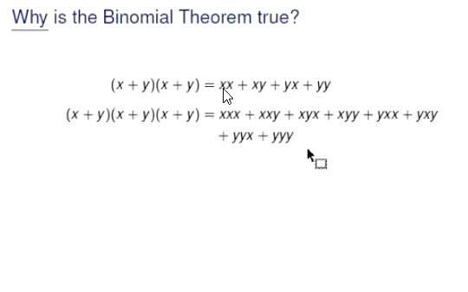So x multiplied with x square gives x cubed, x multiplied by xy gives x square y, x multiplied by yx gives x square y, then y multiplied by x square gives x square y, y multiplied by xy gives x y square, y multiplied by yx gives x y square, and then y multiplied by y square gives y cubed.